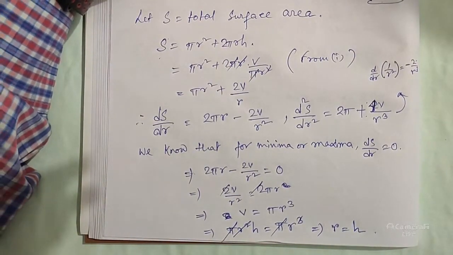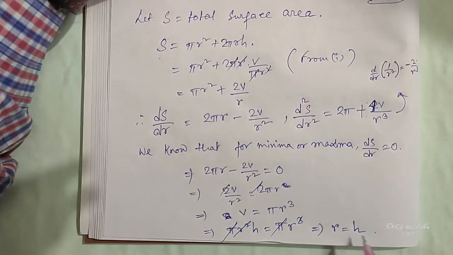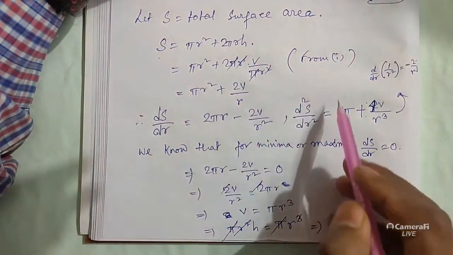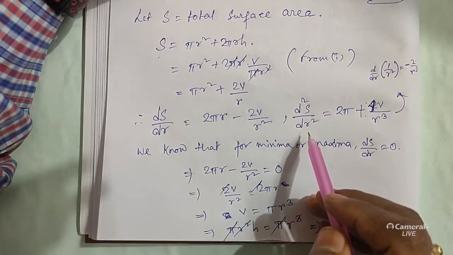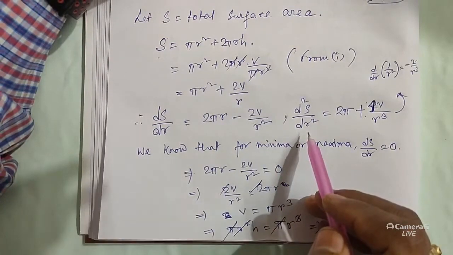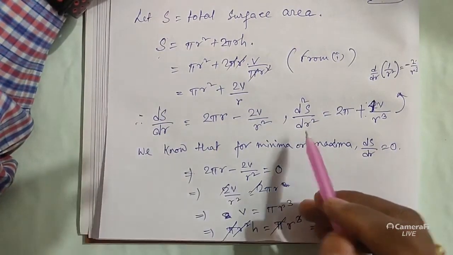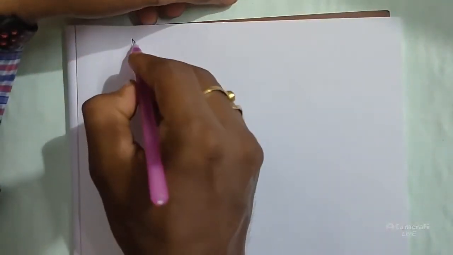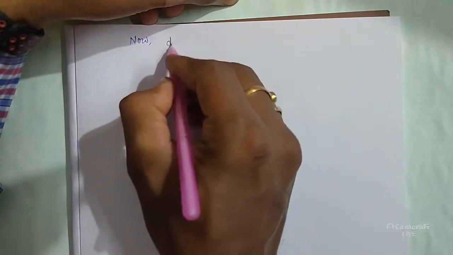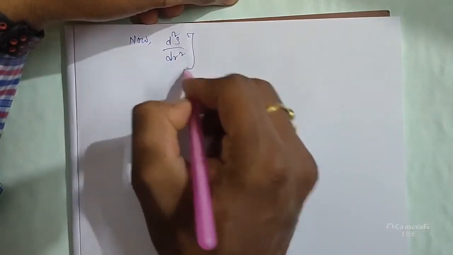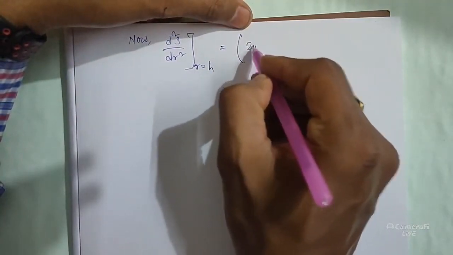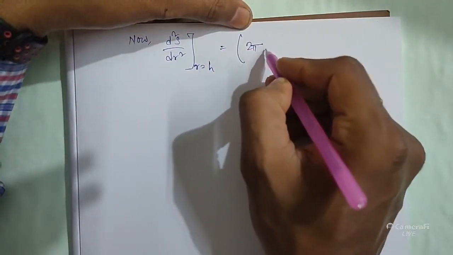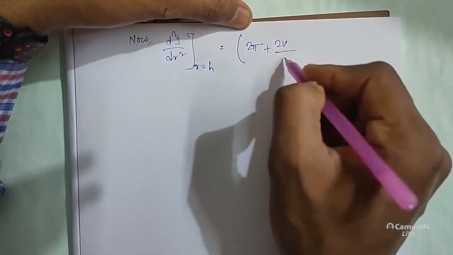Now what we have to check? We have to check at this point r equals h what will be the value of d2S by dr2, whether it is positive or negative. If it is greater than 0, then it has a minimum value. If it is less than 0, it has a maximum value. So now d2S by dr2 at r equals h is equal to 2 pi plus 2V by h cube.